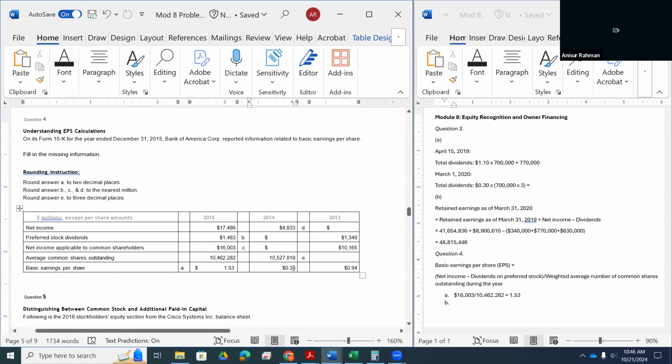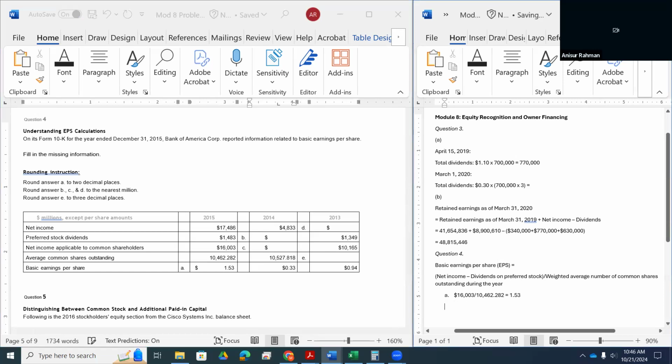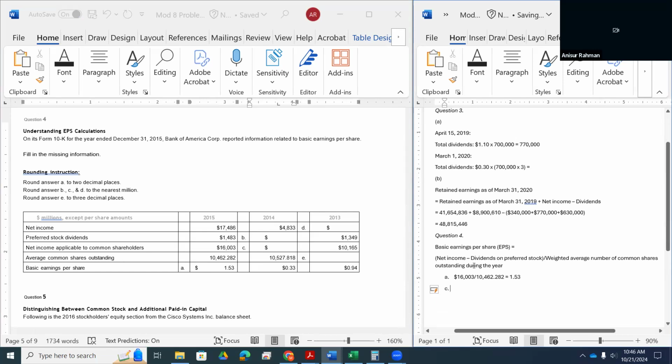So what we can do, we can find out net income applicable to common shareholders first, so that means C. If you look at the formula, if we take average common shares outstanding multiplied by earnings per share, then we'll be left with net income minus dividends on preferred stock, which basically means this C, net income applicable to common shareholders. So let us do that.